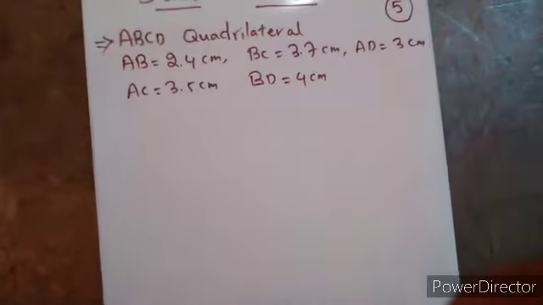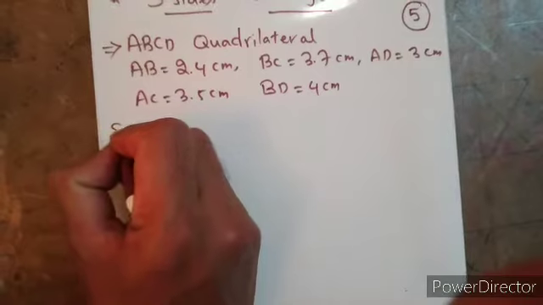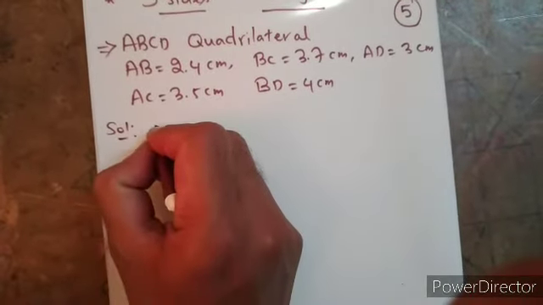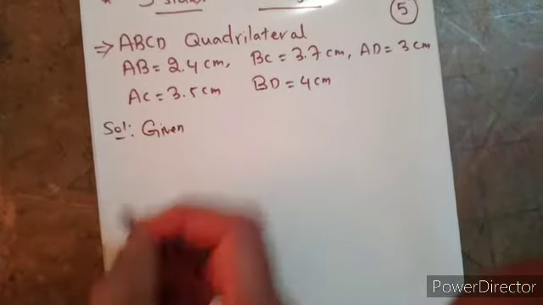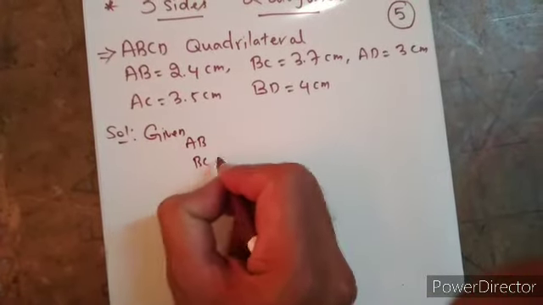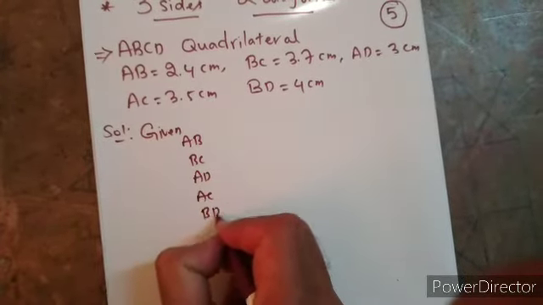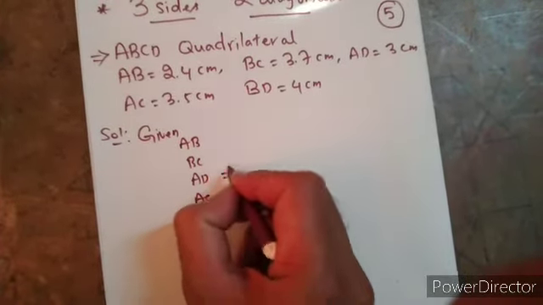Before going to the construction, in the solution part you have to repeat these given data, whatever AB, BC, AD, AC and BD values are given in the question. You have to repeat.